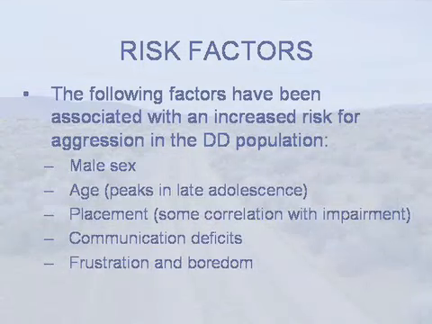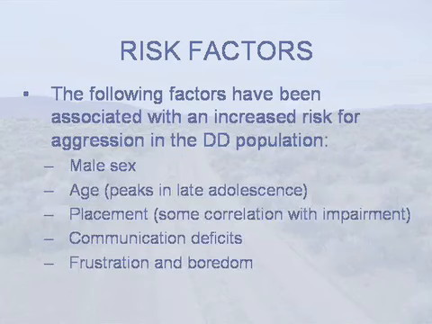Placement, the higher level of care that people need sort of seems intuitive, but there is some correlation with impairment indirectly, but directly with placement status. Communication deficits, and we think that part of this is related to frustration, not being able to make their needs known, and just general frustration and boredom.